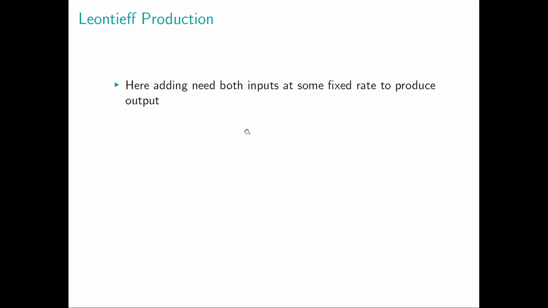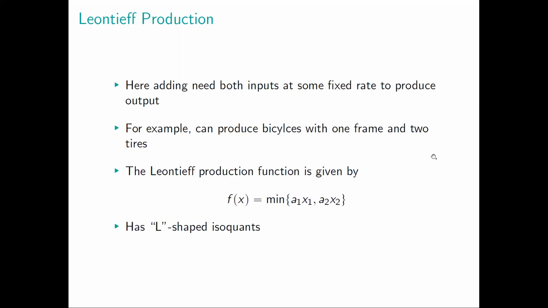The next type of production we're going to deal with is Leontief. And here we need both or two inputs at some fixed rate in order to produce an output. Here, for example, it might be producing bicycles, where you use one frame and two tires to produce one bicycle. In this case, the Leontief production function is going to be given by this production function f of x.